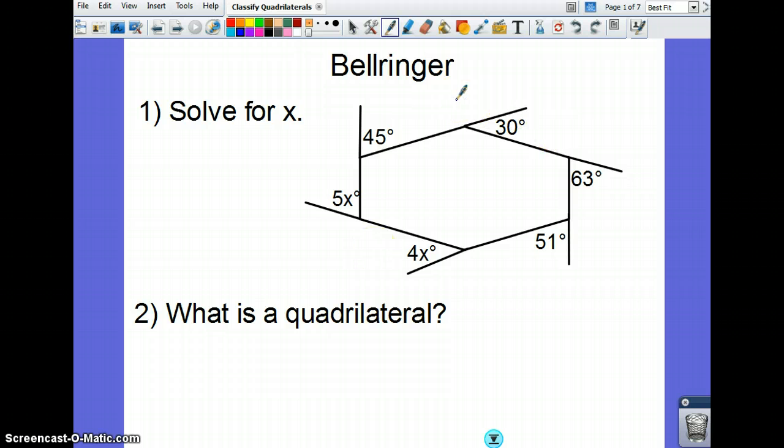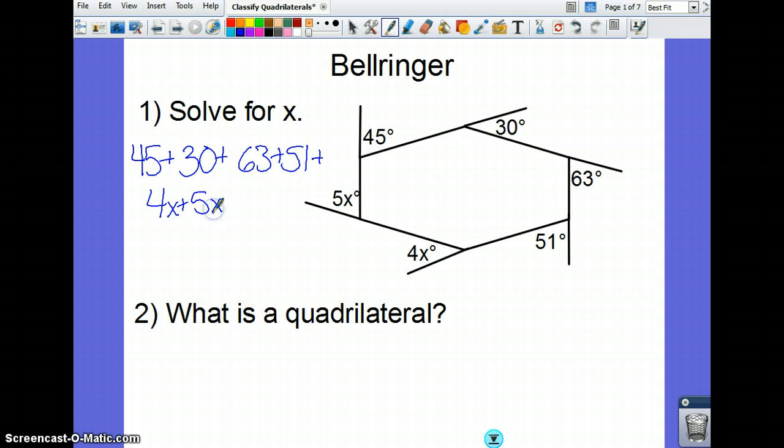So for this one up here, I can set up an equation: 45 plus 30 plus 63 plus 51 plus 4x plus 5x. All those exterior angles should sum up to be 360 degrees.